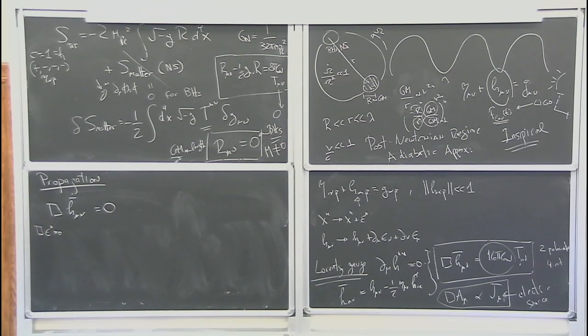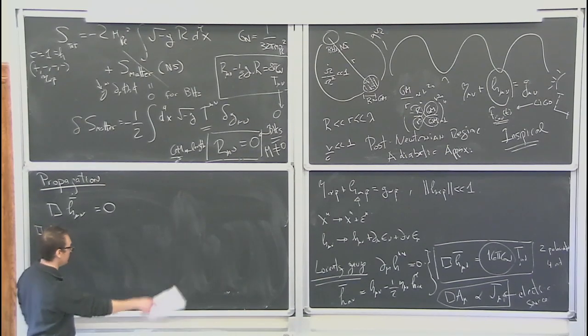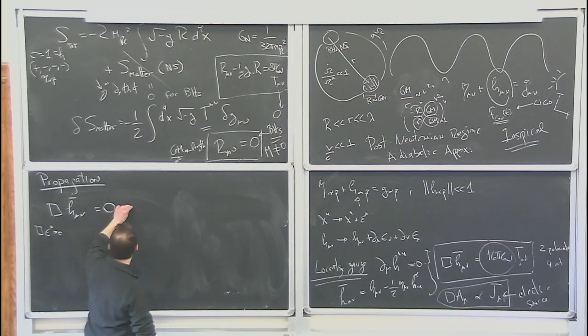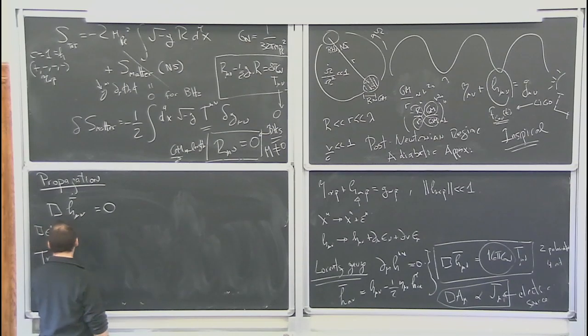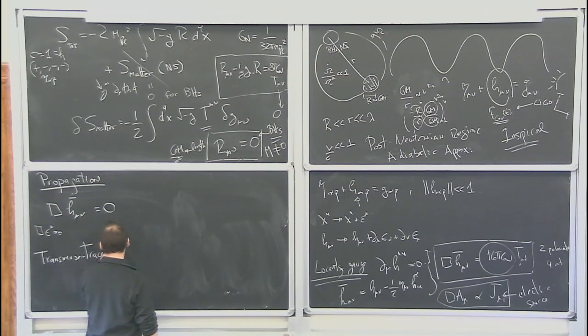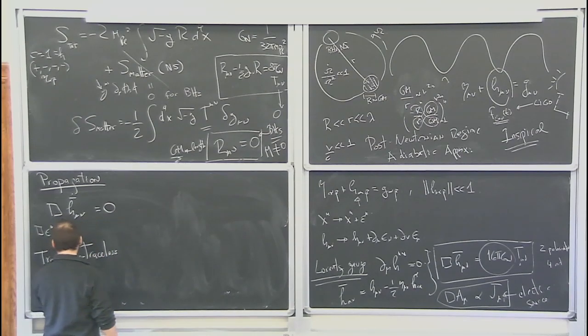So we have 4 more that we can play with, so we can come down from 6 to 2, and this is going to define our TT gauge, or transverse and traceless gauge.